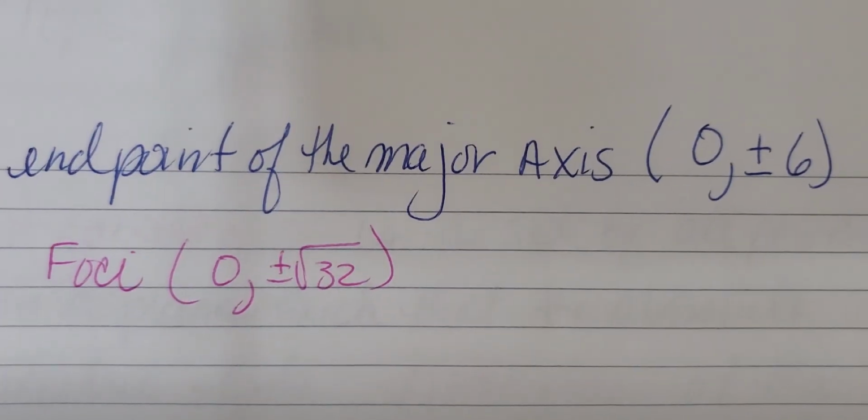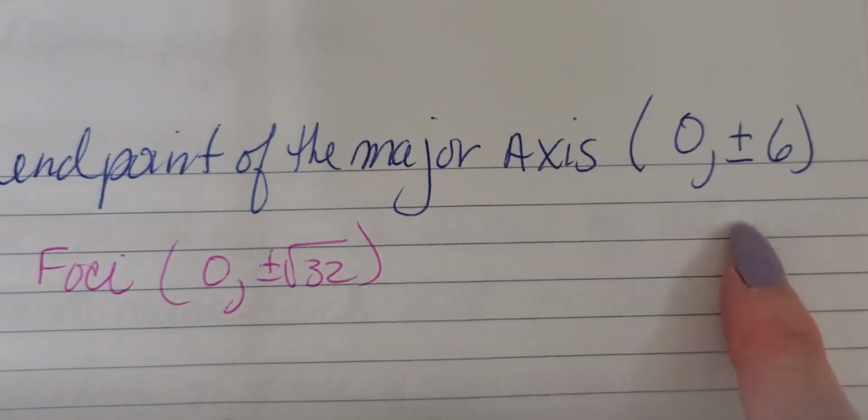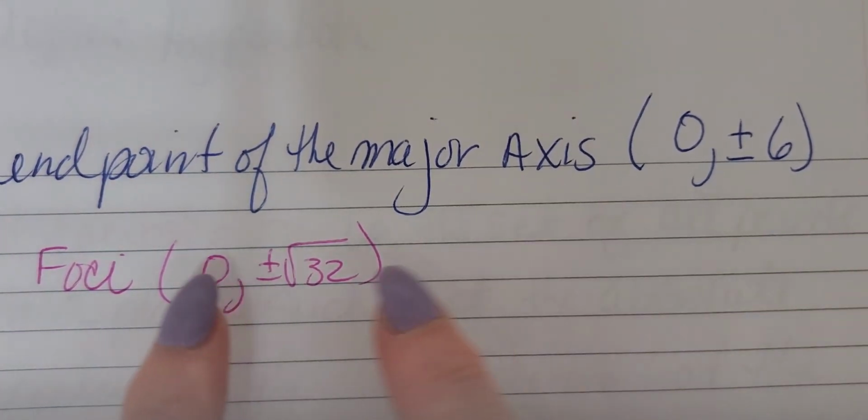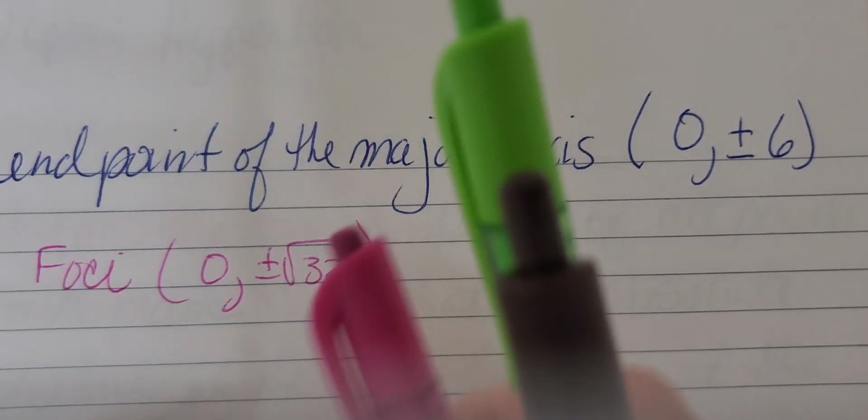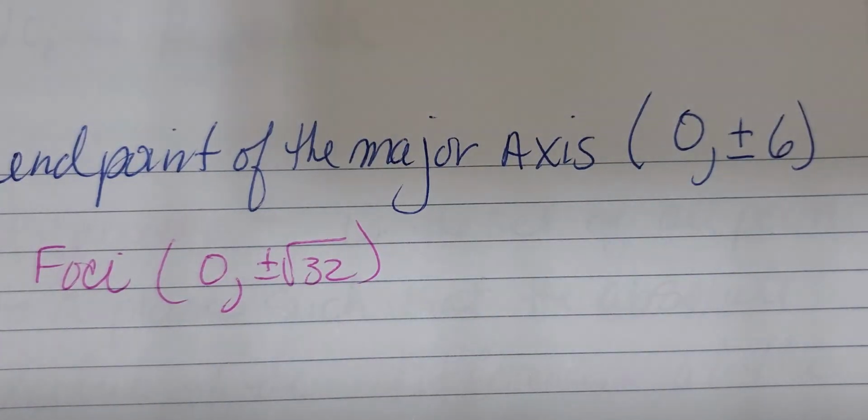Last one. The endpoints of the major axis are 6, and the foci is 32. Okay, so here's what we have to do with this one to work backwards.